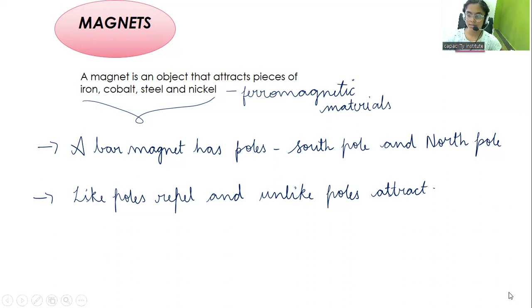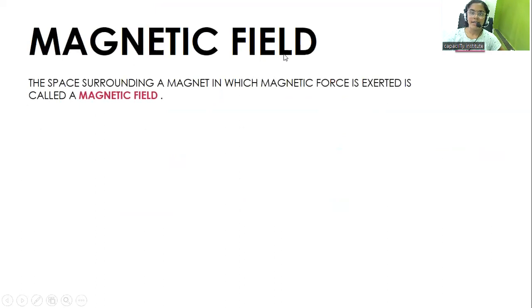Now getting into the other side. Magnetic field. This magnet that we spoke about has its own magnetic field. What is a magnetic field? The space surrounding the magnet in which magnetic force is exerted is called a magnetic field. This is the magnet.